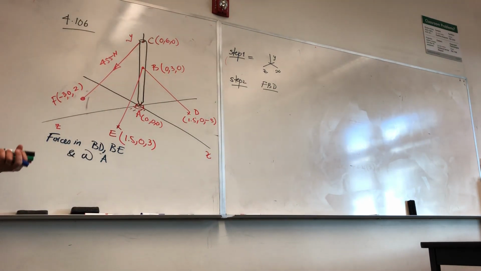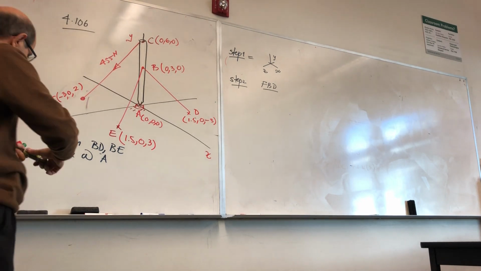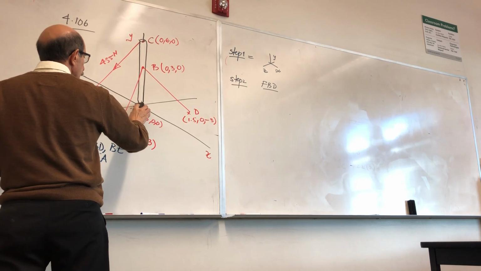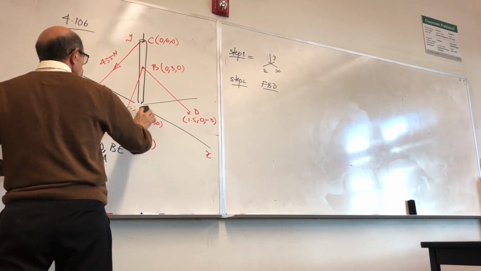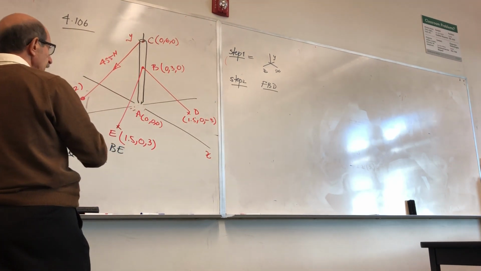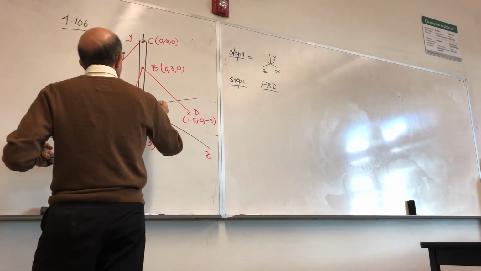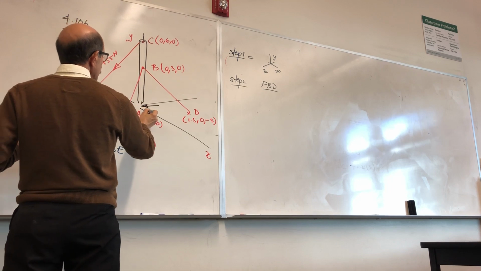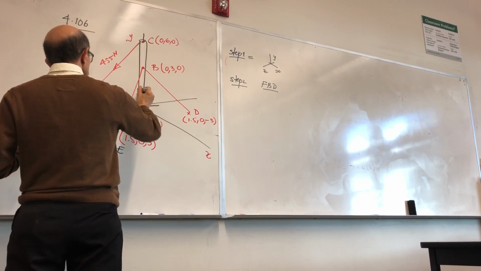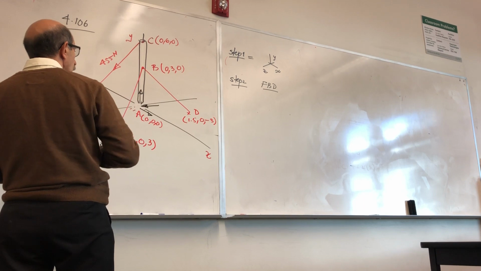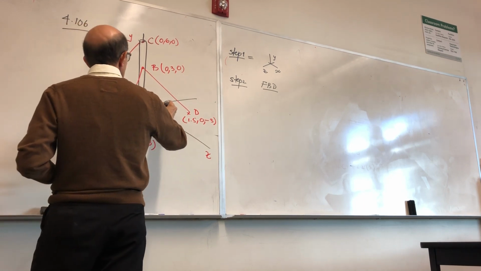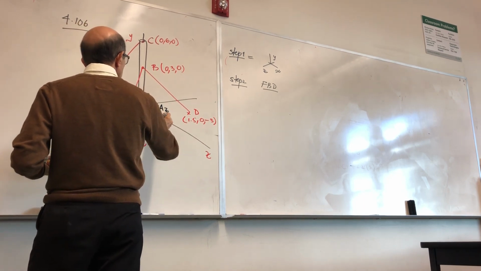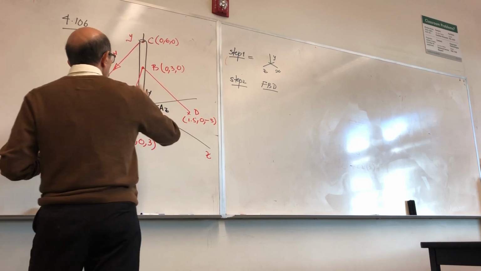You need to free the structure from anything and everything that is supporting it, right? So if I release this at point A, or remove this support, what this point represents are 3 forces resisting motion in these directions. I would simply call them AZ, AX, and AY.